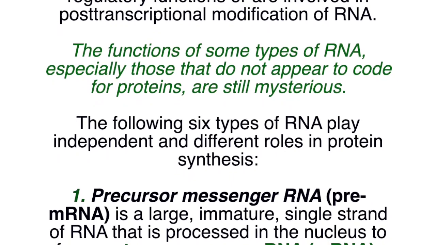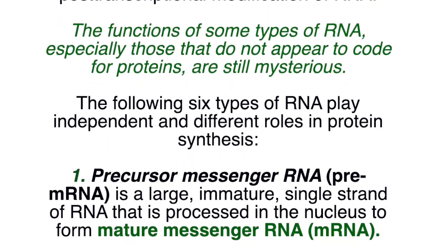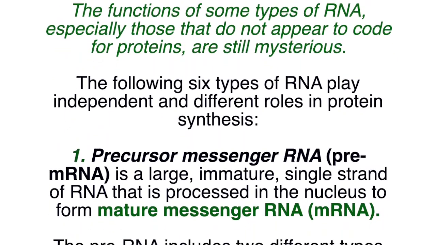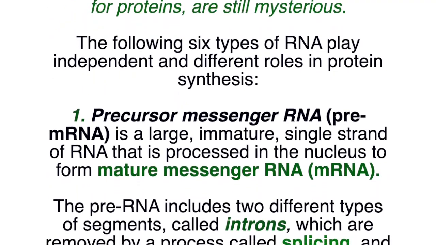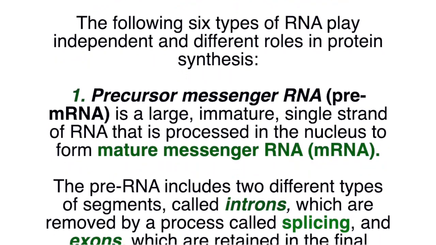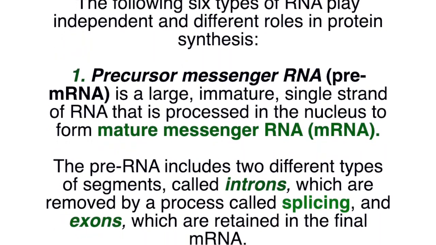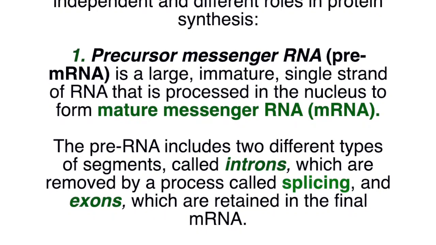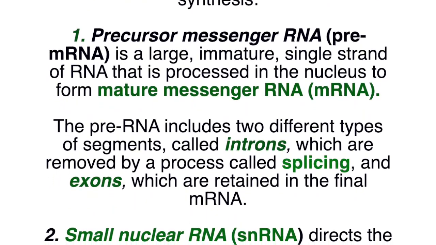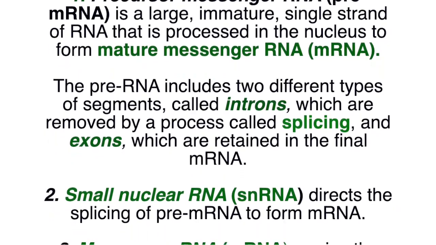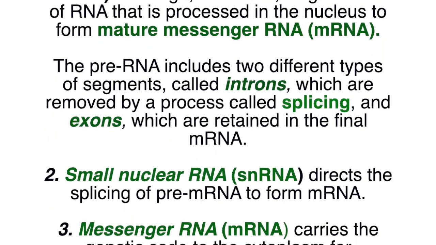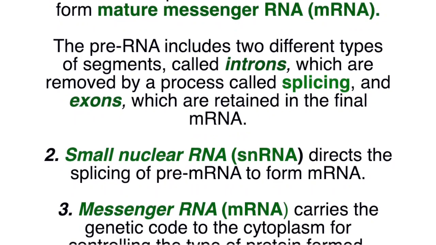1. Precursor messenger RNA, pre-mRNA, is a large immature single strand of RNA that is processed in the nucleus to form mature messenger RNA, mRNA. The pre-mRNA includes 2 different types of segments called introns, which are removed by a process called splicing, and exons, which are retained in the final mRNA. 2.